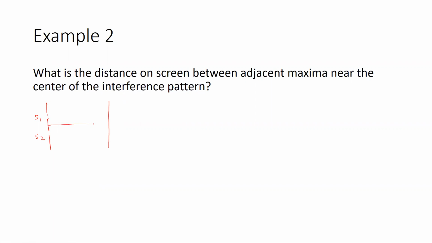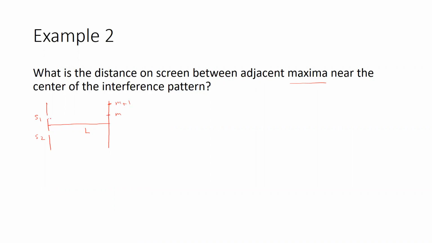And this distance from slits to screen was L. If we have a point like here, let's say this one is the central point, this one is M, and this one is M plus 1. Whatever this M is, the next one. We are talking about two consecutive ones. Because they said adjacent maxima, we have two maxima, one at this point, one at this point.